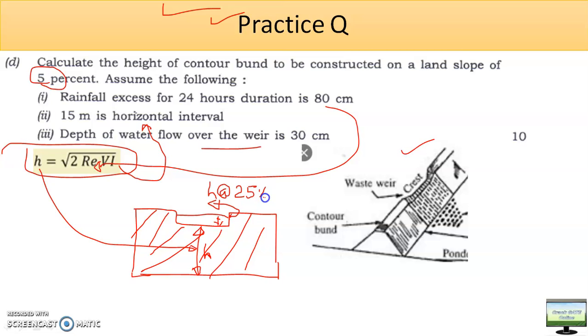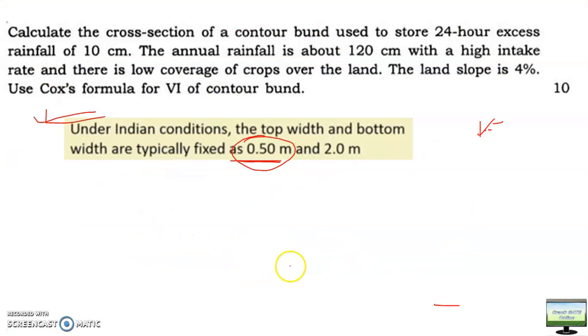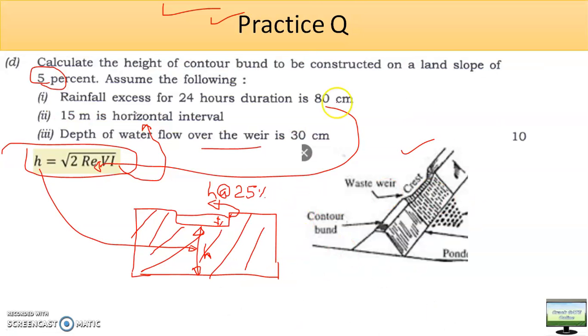So what will be your answer? Now you have to take h plus 25% of h plus 30 centimeter. That will be your answer. Calculate and kindly comment in the comment section what is the total height of the bund. That height is known as the total height.